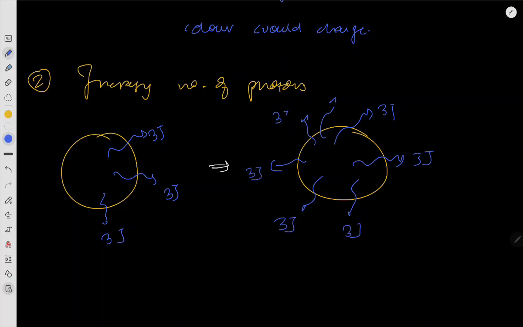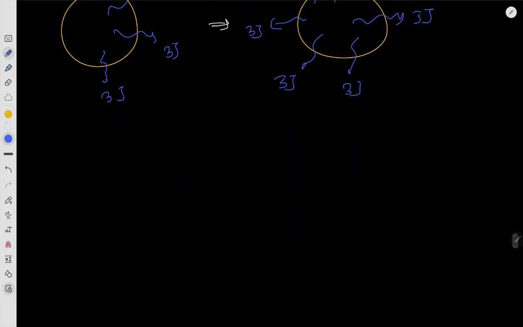Now what we will write for intensity equals energy per unit area per unit time. But what is this energy? This is total, so I'll write here E net.